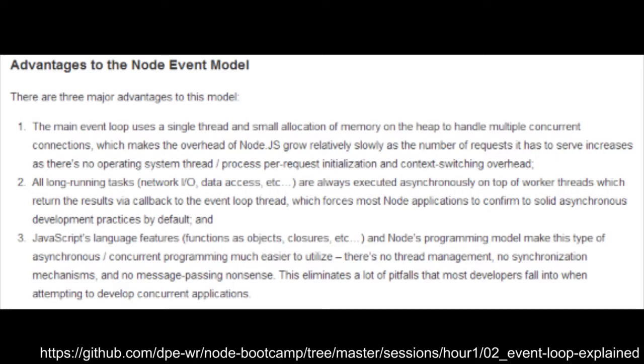So that's why Node is really good for applications like chat servers, or anything that requires a lot of connections. And another thing is that all the long-running tasks you have to do, like network I/O or data access, are executed asynchronously, and the results are only called back when it's done, so it's non-blocking.